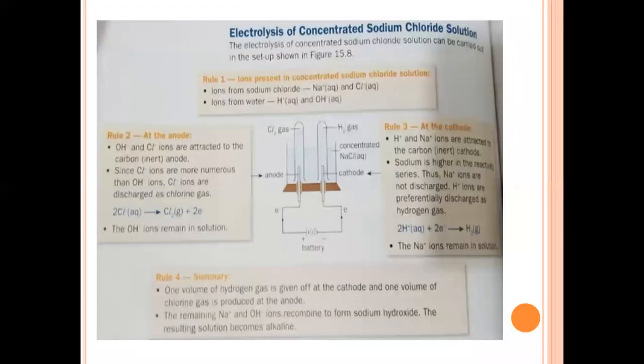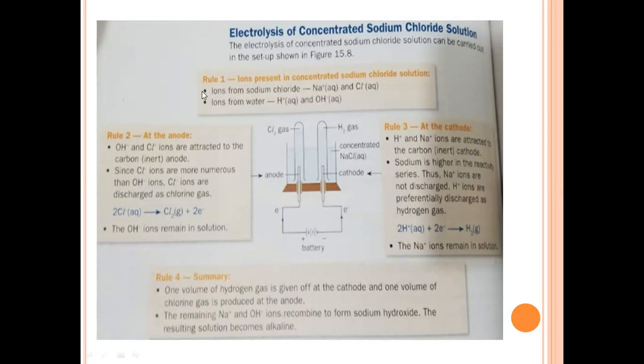Okay, let's take another example in which we electrolyze concentrated sodium chloride solution. Concentrated means we add a lot of sodium chloride in water and form an aqueous solution. In this aqueous solution, let's find what happened in electrolysis.